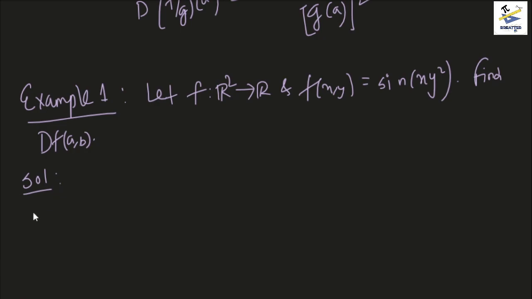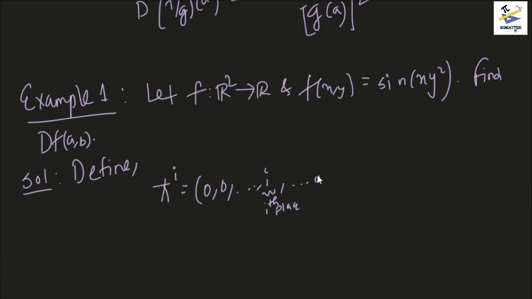Now, as we did in the chain rule, in this kind of scenario what we are going to do is define linear transforms. So first let us define some linear transforms for the sake of this problem and for the others. What I'm going to define here will be applicable to everything else. So define pi i as the vector 0 comma 0 comma dot dot dot, i at the ith place, and zeros again.